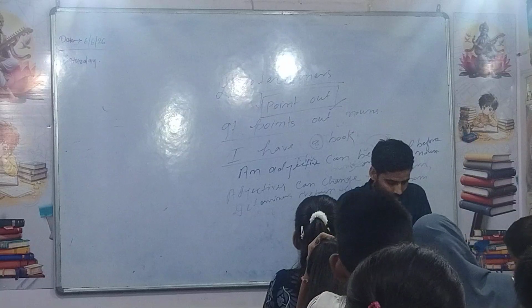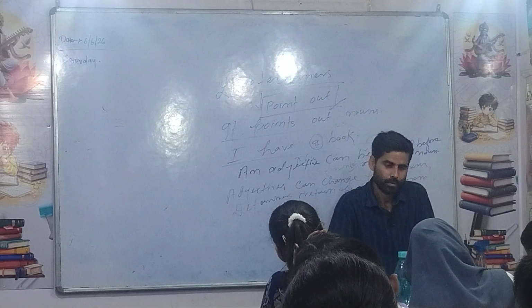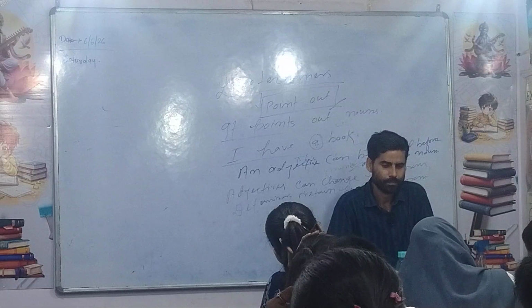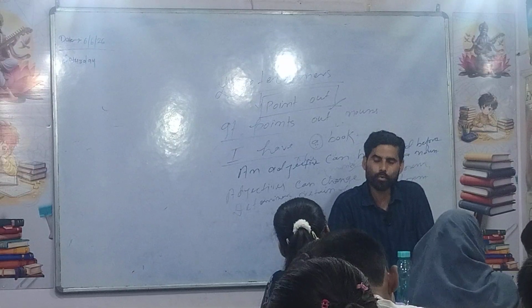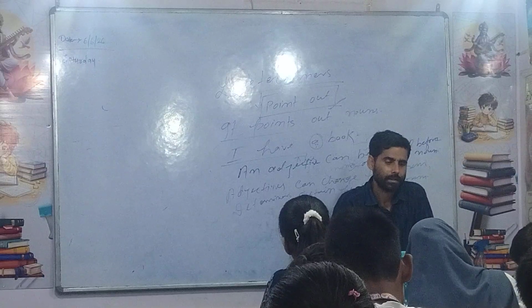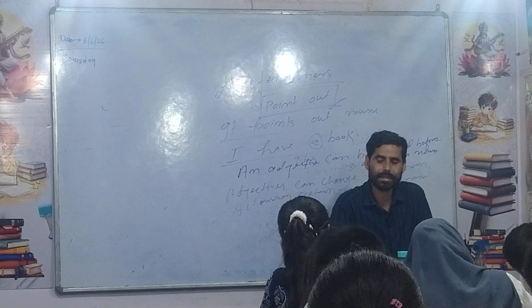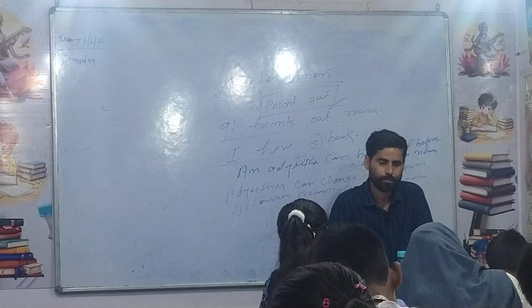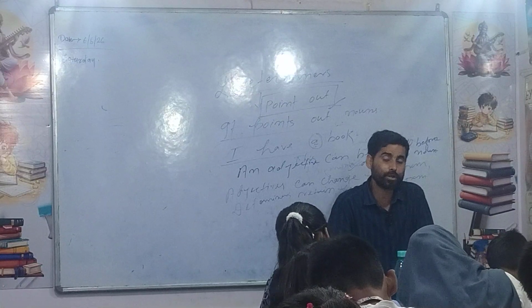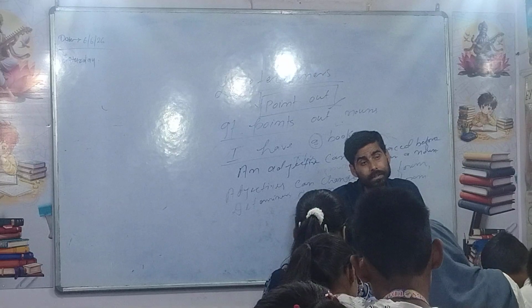Next, which mangoes? Which is what here? It's a determiner. Underline which and pen it down, determiner, because it can be placed only before a noun. A determiner can be placed before only a noun.